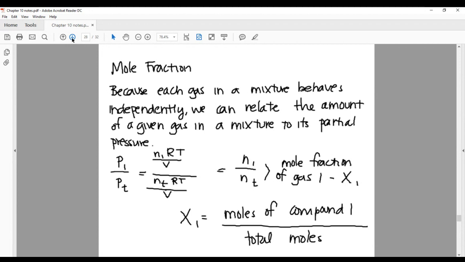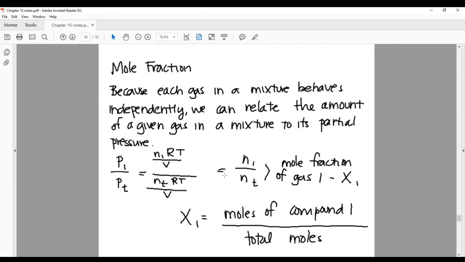So I set up my equation, so I have P1 equal to n1 times R times T divided by V, divided by PT equals nT, which is the total number of moles, times R times T divided by V. Well, my RT over V cancels. I didn't show that on here, but that cancels.